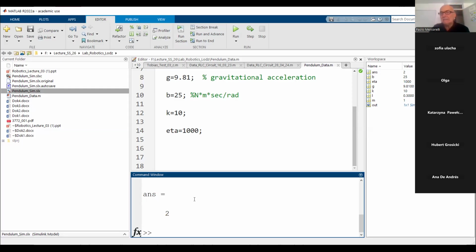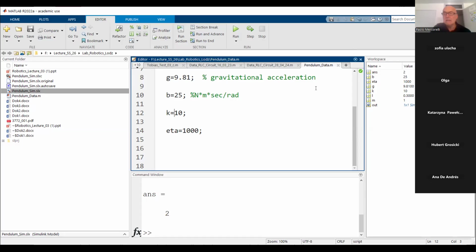1 + 1 = 2. ANS is the variable or the parameter or the result answer. We can see here on the right part, in the workspace, we have N, A and ANS, equal to the variable, excuse me, its value, together with other elements which are there because I ran this program, this M file, and we can see a pendulum data.